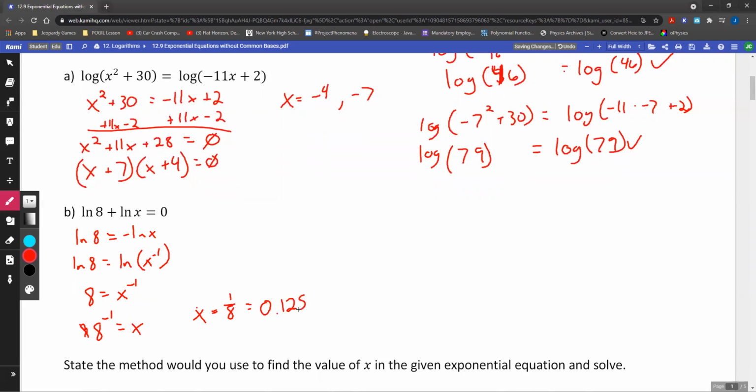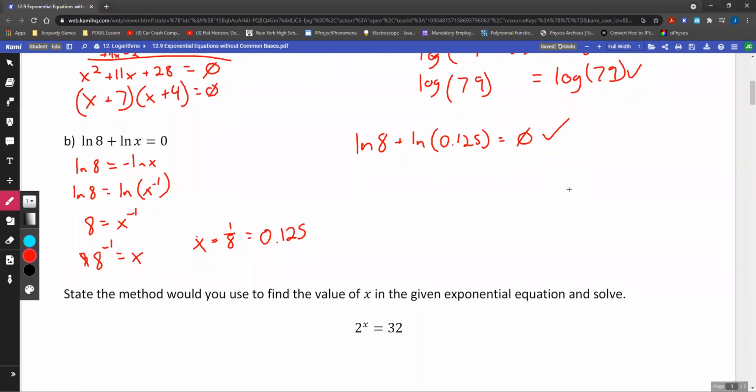I can check this by going into the calculator and just seeing if ln 8 plus ln of 0.125 gets me 0. And when I do that, I do get 0. So there we go.